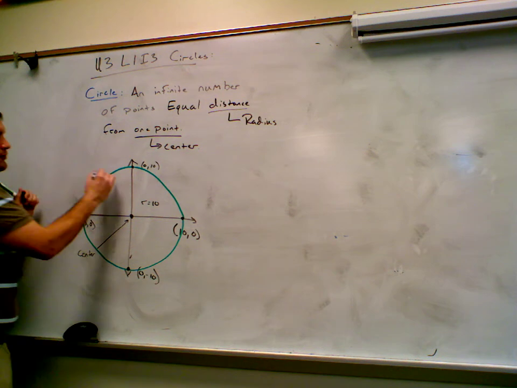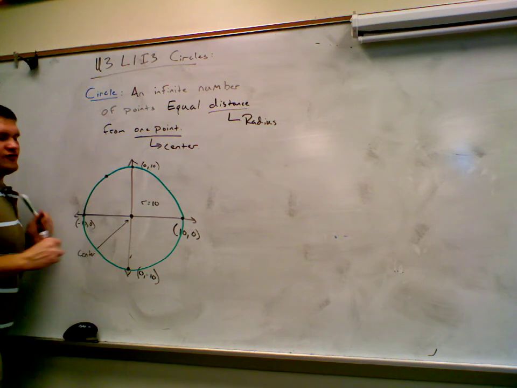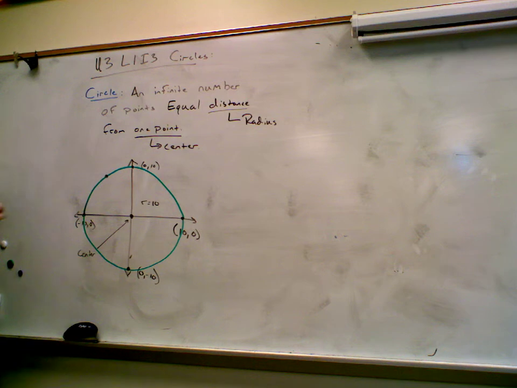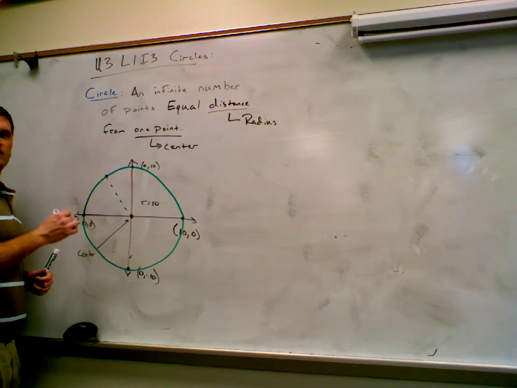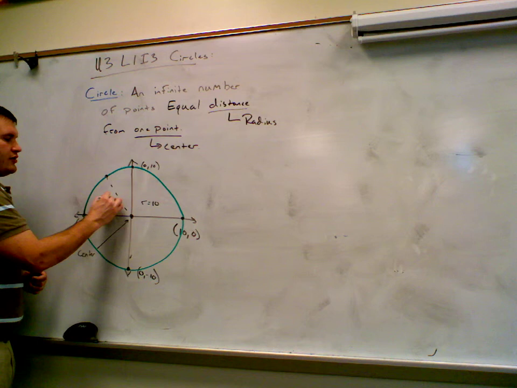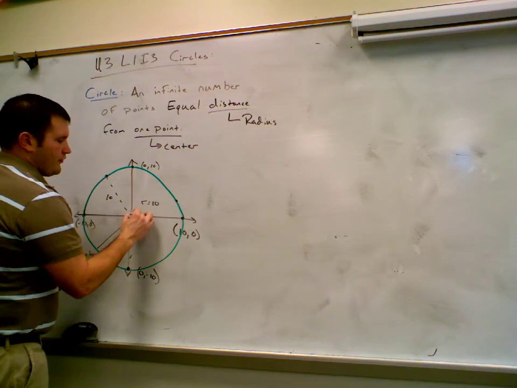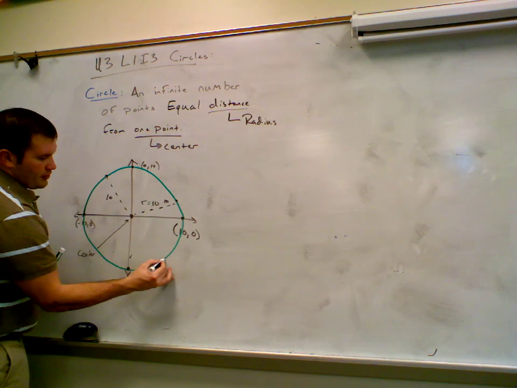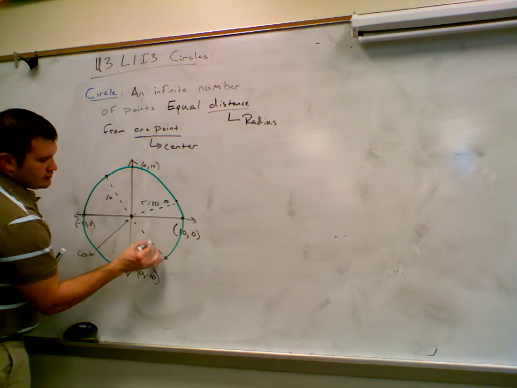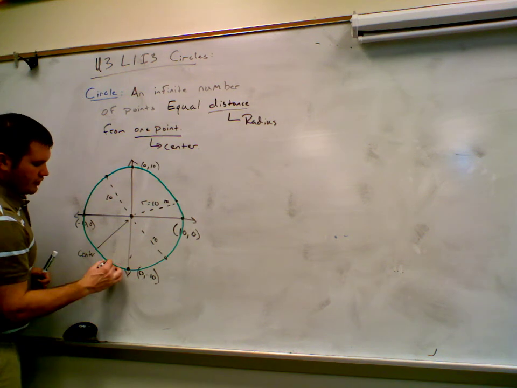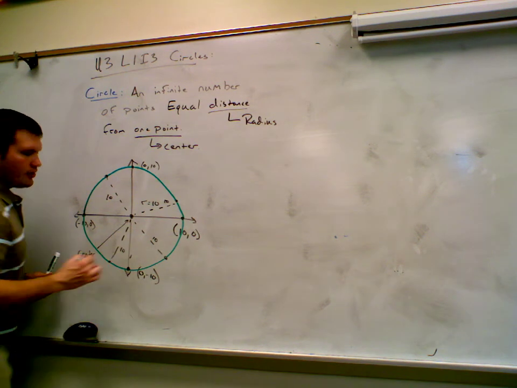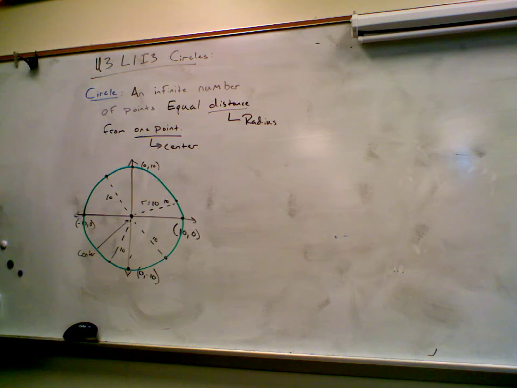So if I have some point right here, how far is it from the origin? 10. Some point over here, how far? 10. Some point over here, how far? 10. Some point down here, how far? 10. Fun game, huh? Every answer is 10. Every point on the green circle is 10 units away from the center, correct?